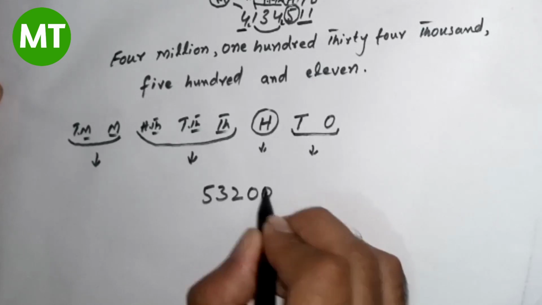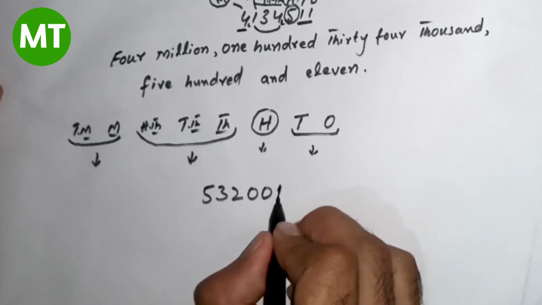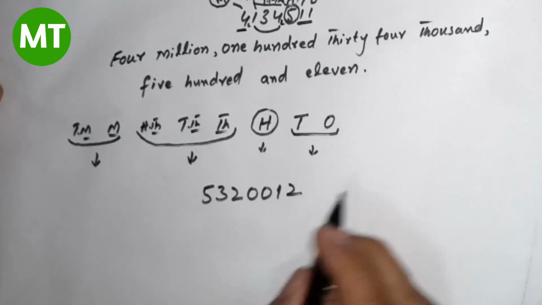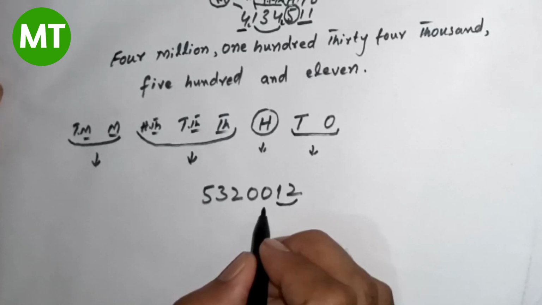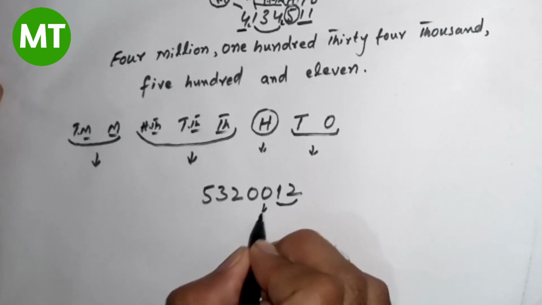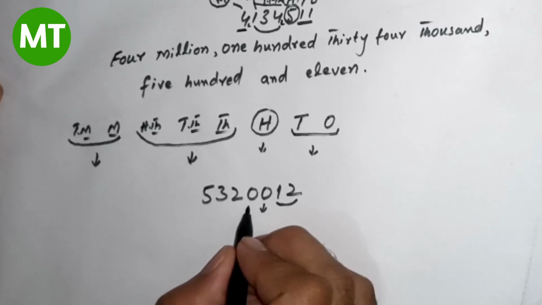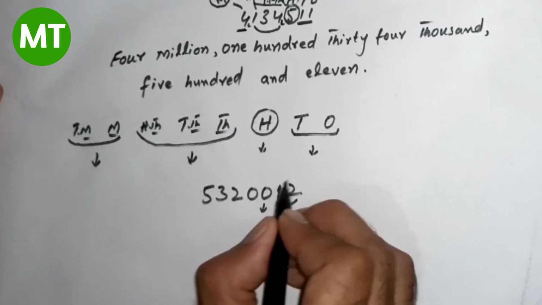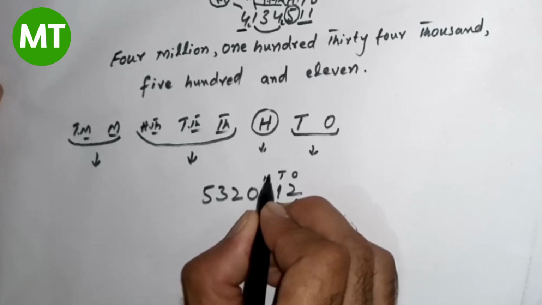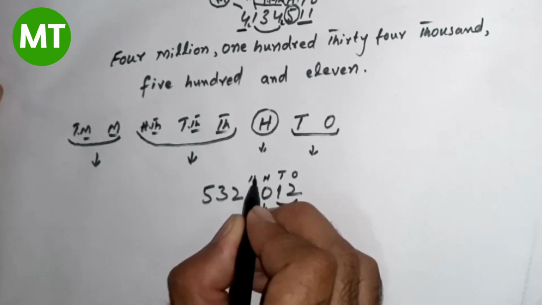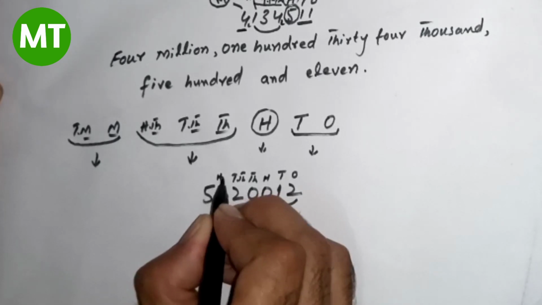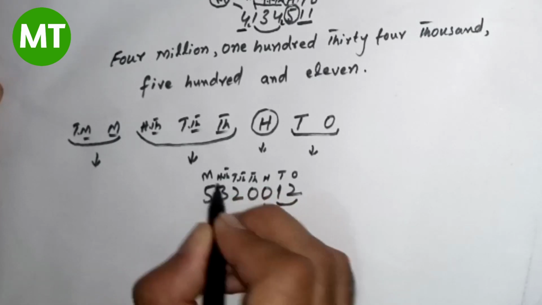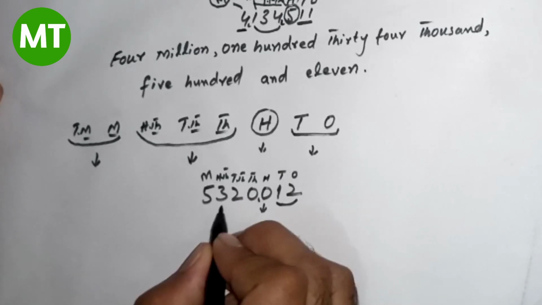For example, we have a number, and we have to write this in words. So first of all, the ones and tens will be written together. The hundred place value will be written as single. As we know that this is ones, tens, hundreds, thousands, 10,000s, 100,000s, and million.